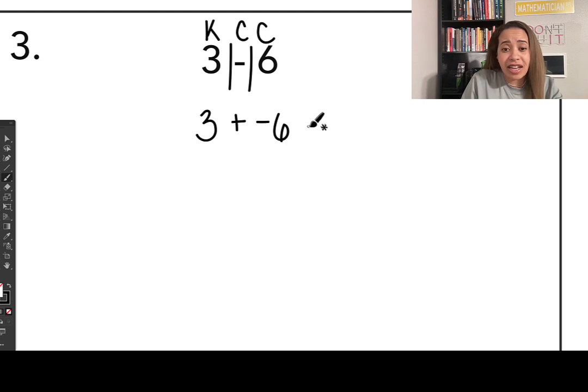When we see different signs, we subtract. So I am subtracting our higher absolute value minus our smaller absolute value. So it's 6 minus 3, and that gives us 3. To check for my final answer for my sign, I look back at my addition problem, and I see that my higher absolute value was negative, so my final answer also needs to be negative. Final answer is a negative 3.